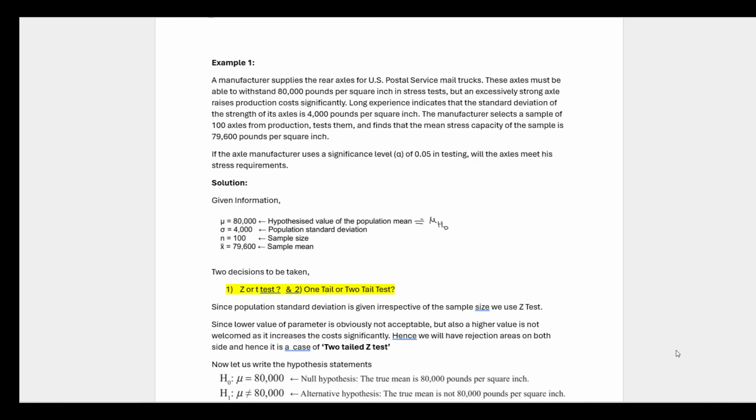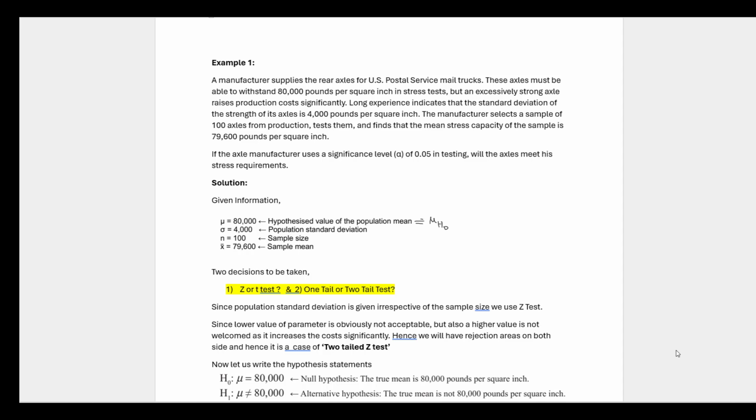Long experience indicates that the standard deviation of strength of these axles is 4,000 pounds per square inch. Long experience means this is a population standard deviation they have given us.